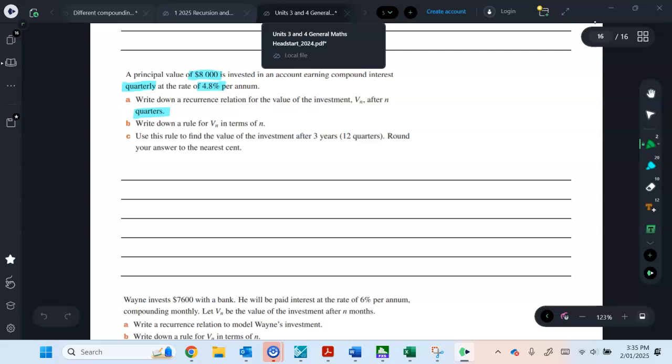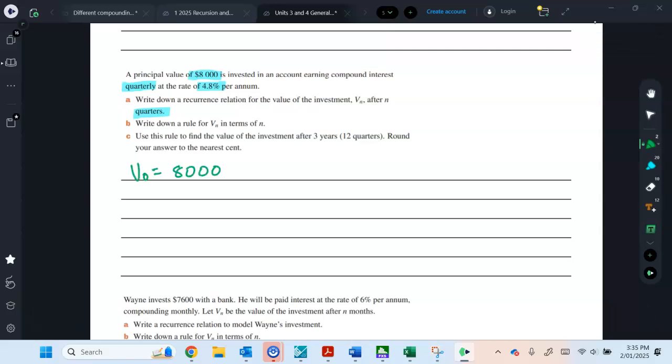So V0 equals 8,000. Vn plus 1 is equal to our common ratio, 1 plus 4.8 over 100 times 4, times our initial Vn.